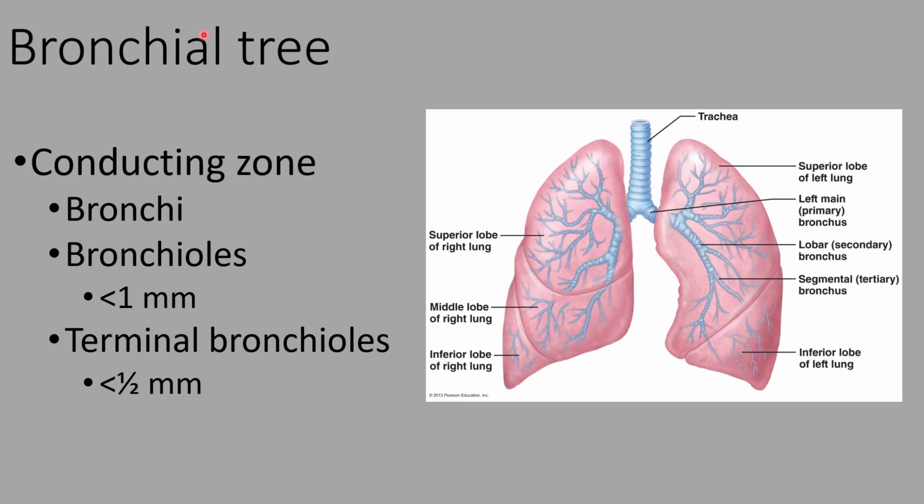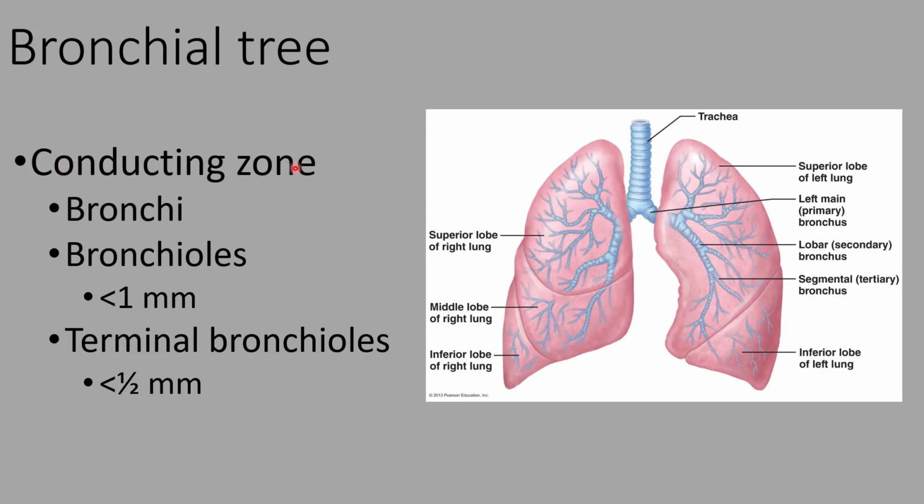So here we can see the trachea, and we can see those C-shaped rings here. But as we get all the way down to the base, the trachea splits. And now we have smaller and smaller tubes going deeper and deeper into the lungs. So here we have the right lung and the left lung. As we move down the trachea and into all of these smaller tubes, this is called the conducting zone.